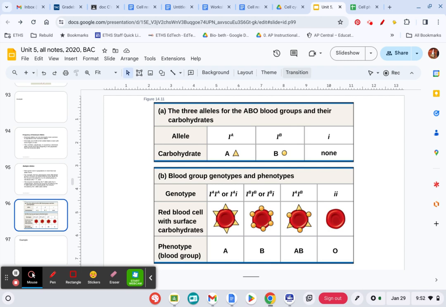And in the case of A, making this up for illustrative purposes, it looks like a triangle. And in B, it kind of looks like a circle. And if it's O, it's none. There's no carbohydrate produced. And that's the allele.